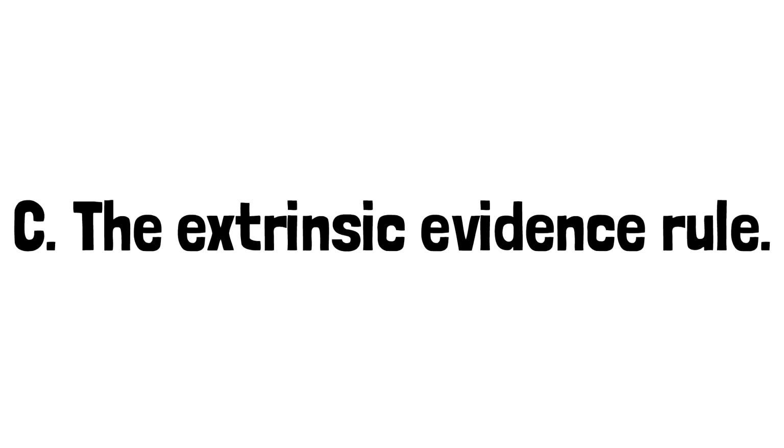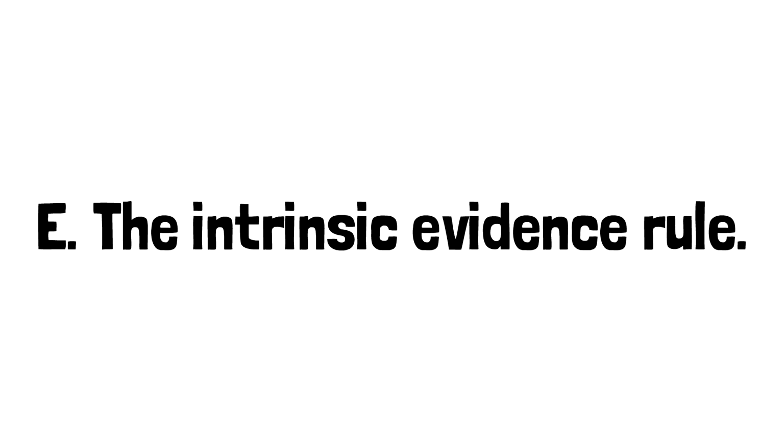C. The extrinsic evidence rule. Again, no, there's no mention of the judge referring to an external source for help in interpreting the provision. E. The intrinsic evidence rule. There is no mention of intrinsic aids being used here, i.e. of a judge referring to the interpretation sections, titles, preambles or headings, for example.